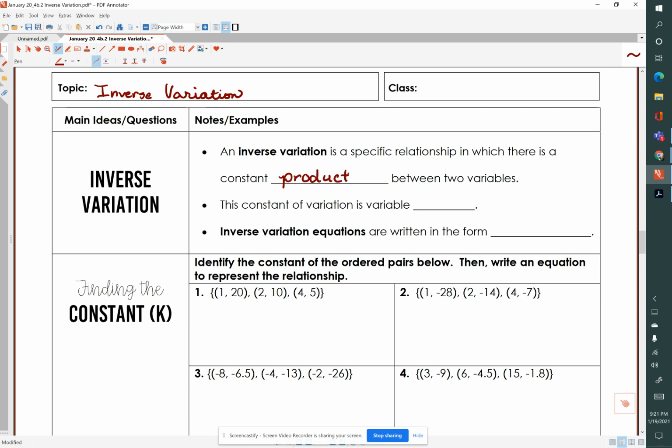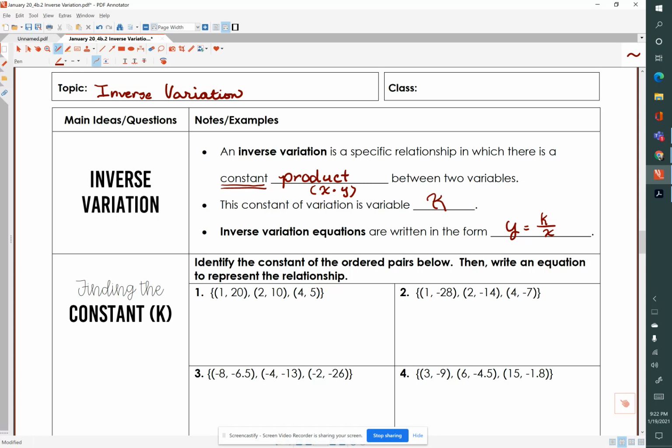Product is the answer we get when we multiply, and that product is x times y. Constant product between two variables. Constant product, it does not change. It's consistent. The constant of variation is the variable k. Inverse variation equations are written in the form of y equals k divided by x.